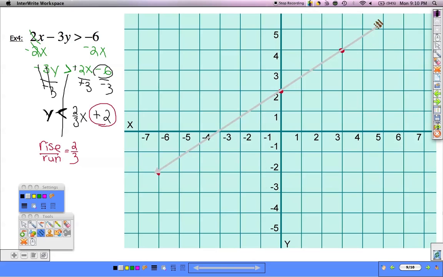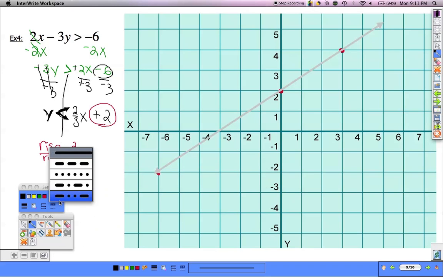Okay, your next step is to decide what kind of line you actually want to use. So looking at what we have here, since our symbol of inequality is just less than, not less than or equal to, I don't want to include the line, I want to show a dashed line, kind of like having an open circle.